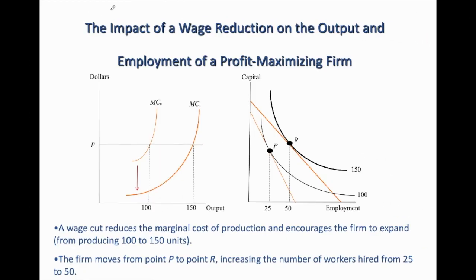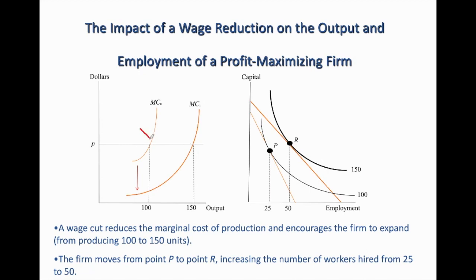Let's see this diagram. Again, we want to understand the impact of wage reduction on the output and input mix combination. First, let's focus on the left side diagram. What we have in this diagram is our marginal cost curve, and this is the demand of the output of the firm indicated by this horizontal line, because this firm is operating in pure competition, price equal to marginal revenue, and this is also the demand curve faced by the firm.